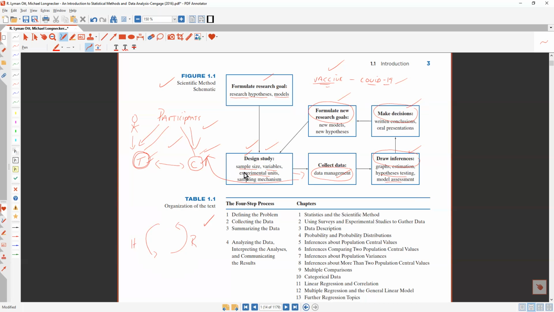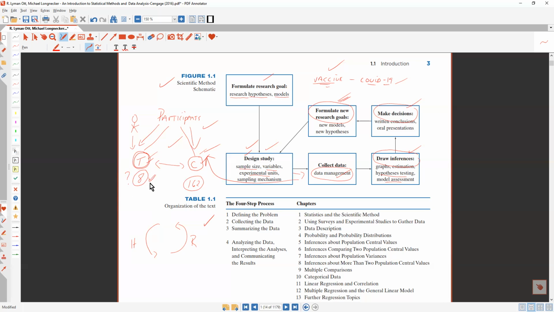I will give you an example from that Pfizer vaccine. In the treatment group, 8 people got COVID-19. There were still 8 people who got COVID-19. Out of about 18,000, only about 8 actually got it. In the control group, about 162 got it. Well, what would be a new research goal? A new research goal would be, why did these 8 people get COVID-19?